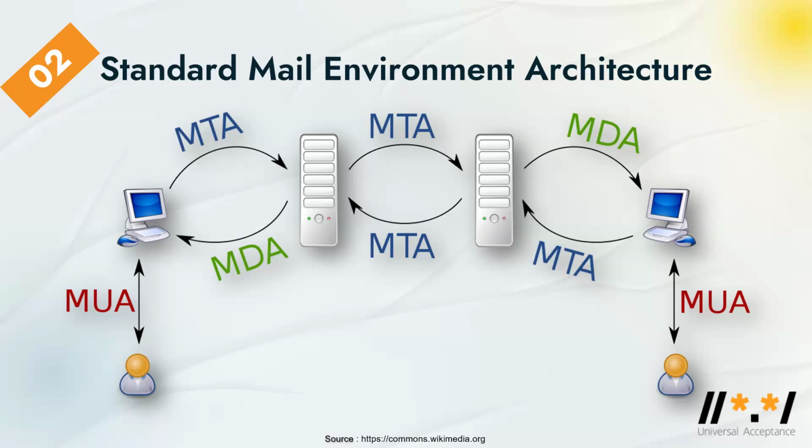All of these arrows work according to protocols. For sending email, the protocol is called Simple Mail Transfer Protocol, SMTP. For the MDA, mail delivery agent, it is POP3 or IMAP.